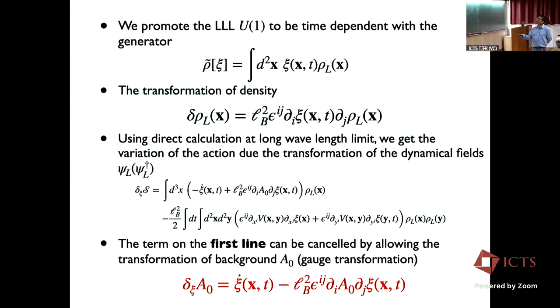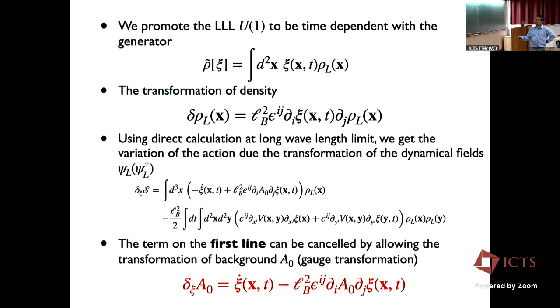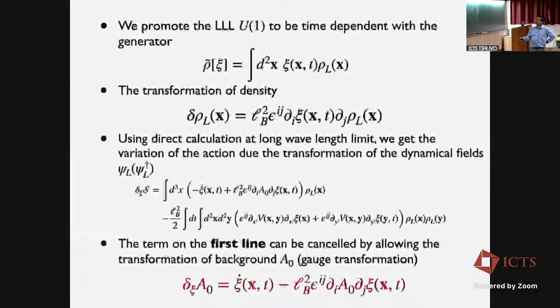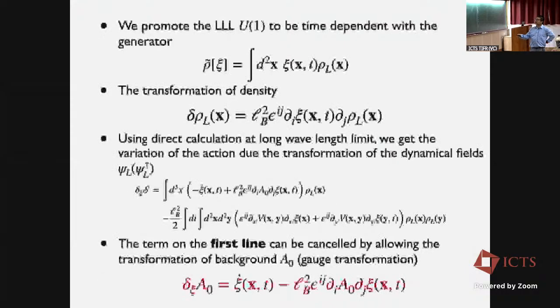With this generator, we can calculate the change of the density, and you can also calculate the change of the coset for sure. So the transformation of this action has two terms. The first line comes from the first two terms. The second line comes from the interaction. We know how the density transforms, so do the integral by parts and see the full transformation of the action.